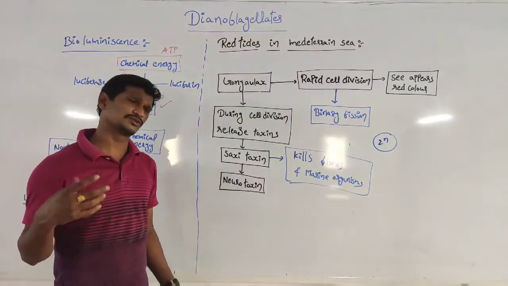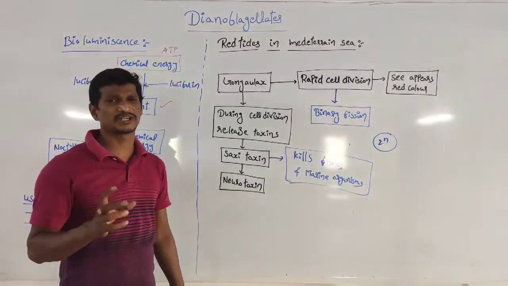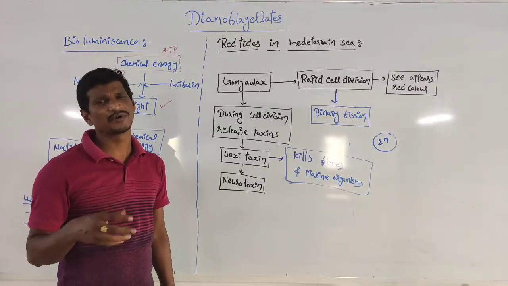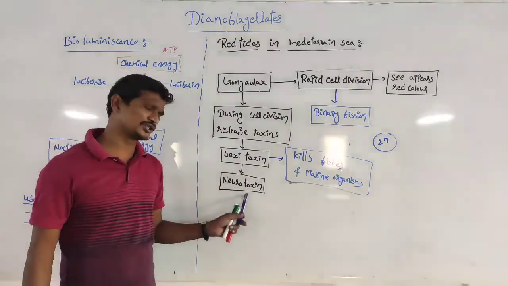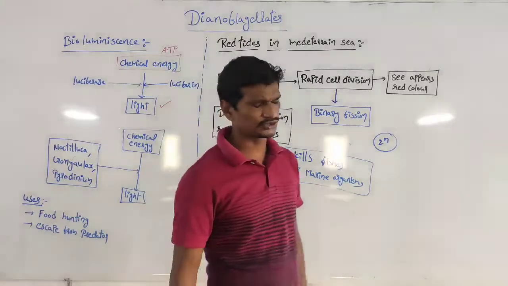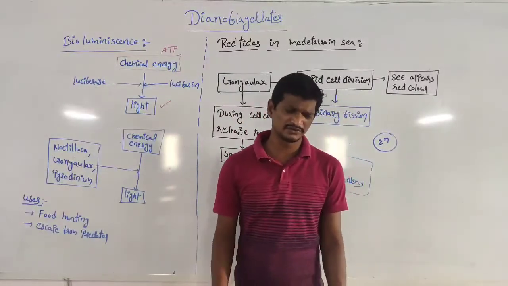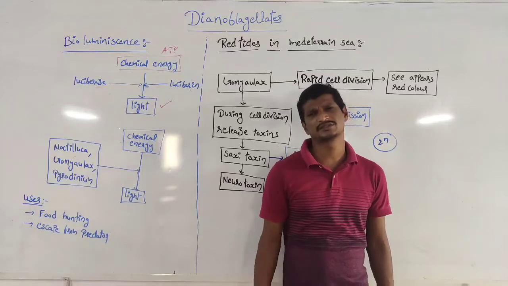So how does saxitoxin have the capacity to kill other organisms? It especially acts on the nervous system of the other organisms. So this is one of the neurotoxins. I would like to discuss different types of toxins. Suppose we know about snakes.